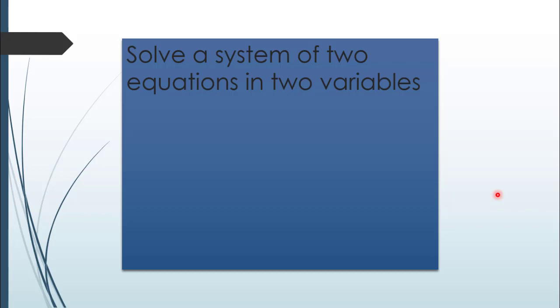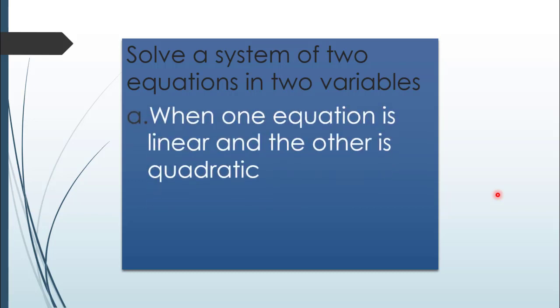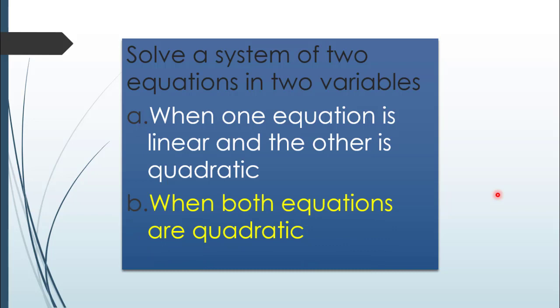When we are going to solve a system of equations in two variables, there are two basic sets of equations. First, when one equation is linear and the other is quadratic. Second, which we are going to discuss today, is when both equations are quadratic.